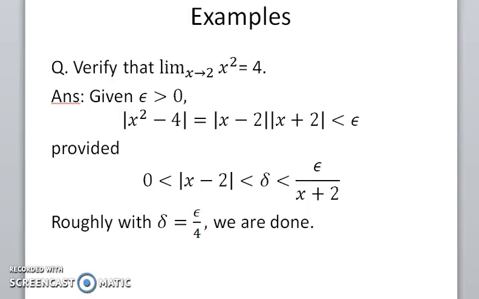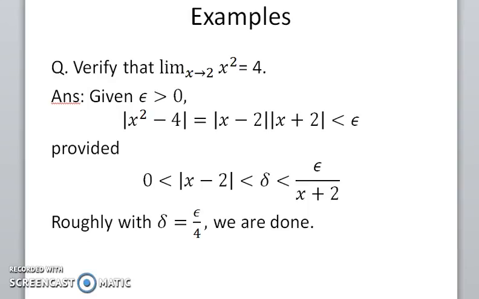Or if x plus 2 is not 0, then we can divide by x plus 2 to get that mod of x minus 2 should be less than epsilon over mod of x plus 2. So we write that 0 less than mod of x minus 2, meaning that x is not equal to 2, is less than delta and less than epsilon by mod x plus 2. So roughly speaking, if we choose delta equal to epsilon by 4, we are done.